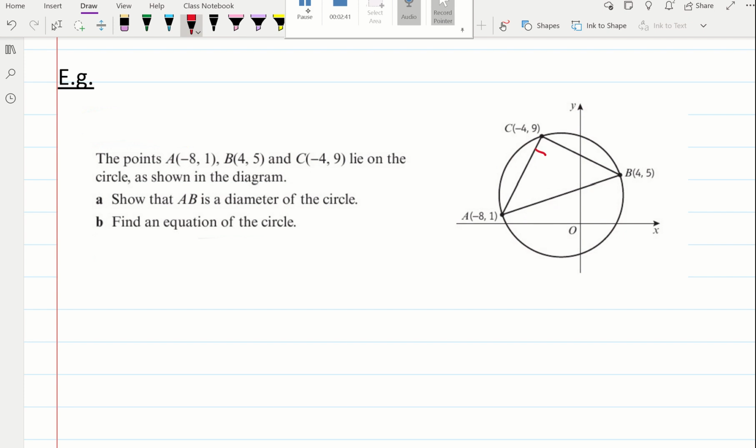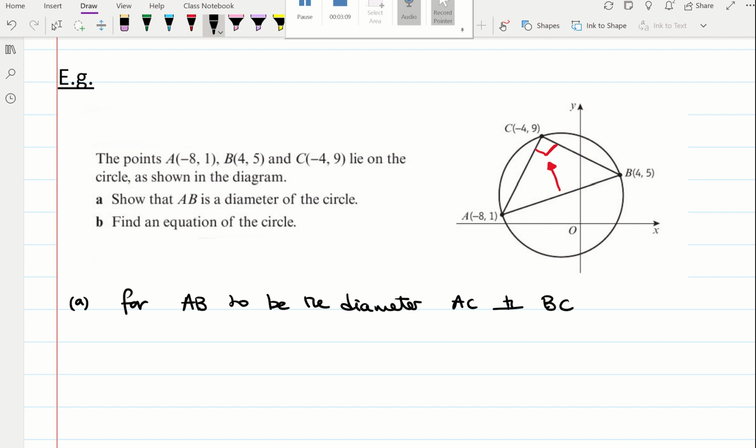If AB is a diameter, this means that the angle opposite is going to be 90 degrees, which means that for AB to be the diameter, AC must be perpendicular to BC. So we really need the gradients of AC.